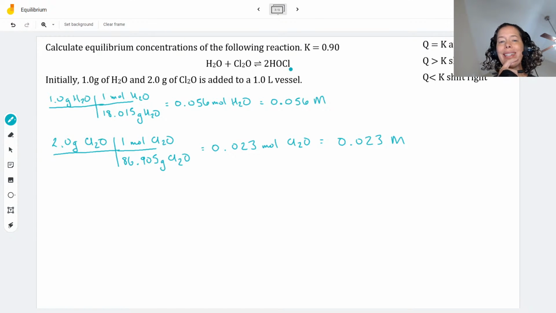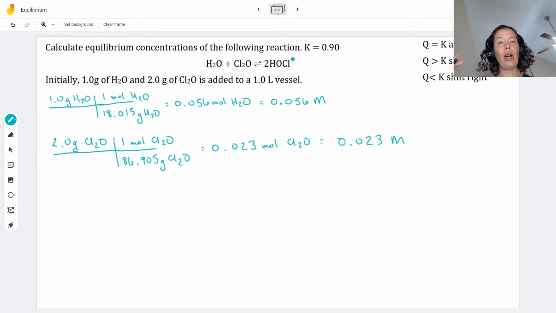Okay, so again, just like we did before, we want to know which way the equilibrium shifts. Now, this is why I thought maybe I ought to throw Le Chatelier in here. If you're familiar with Le Chatelier, if you have nothing on one or the other side of the equation, the equilibrium is going to shift to produce it.